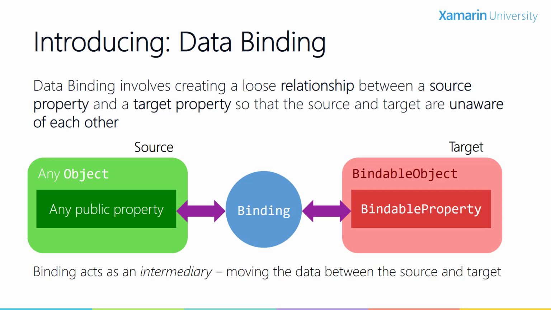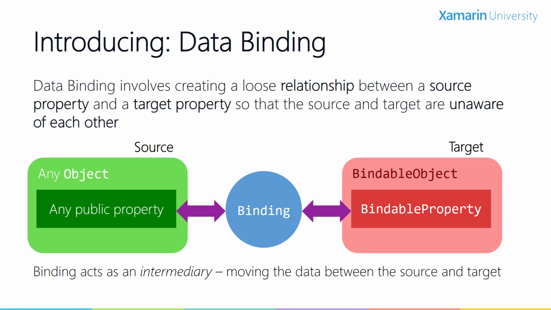Now, we don't really have enough time to go through this in detail, but essentially, data binding is a way that we can implement this intermediary object to loosely couple the UI and our model data or logic. In data binding, the binding itself is the middleman. We have a source and a target. The source can be any object, and we can bind to any public property on that source.